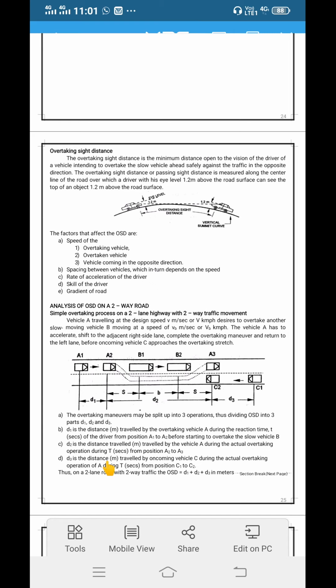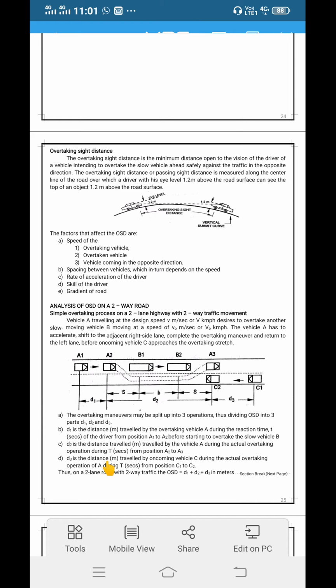In general, the distance required to overtake the vehicle without collision with the vehicle coming on the opposite side is called the overtaking sight distance. This distance is studied with respect to the height of the eye.